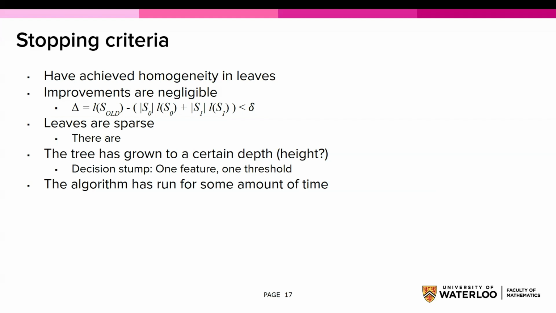And finally, you could also specify the stopping criteria based on the time taken by the algorithm to run. So yeah, if the tree is growing very slowly or taking too long to optimize, you could just stop it to save computation time.